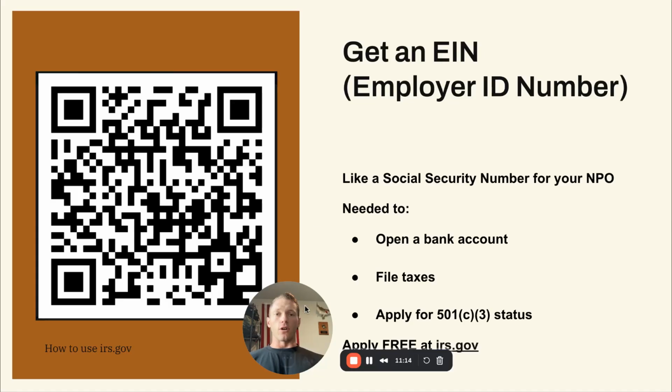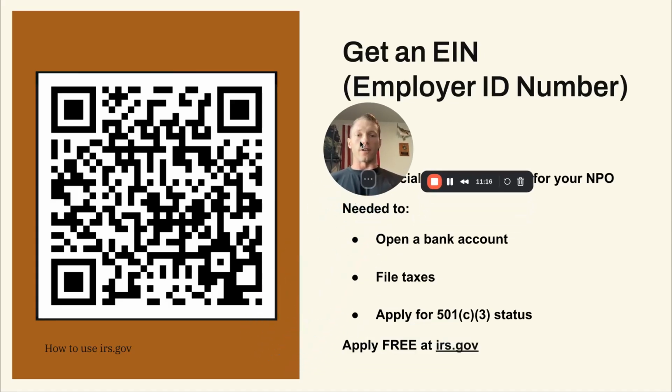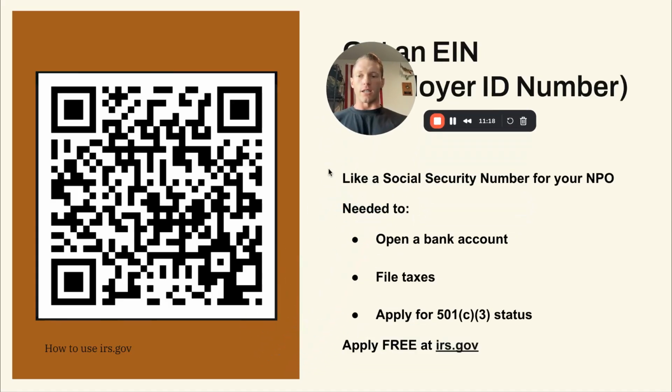So getting your employee identification number. So this is your EIN. This is a step-by-step video here on the left on how to do that. You do it through irs.gov. Very simple. You'll need this EIN to open your bank account. So you can use any bank. I recommend looking for ones that offer matching programs.